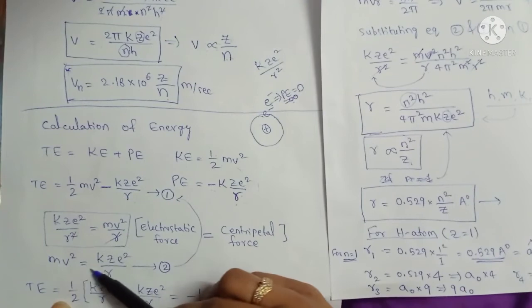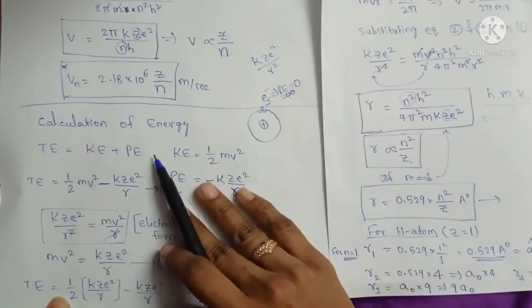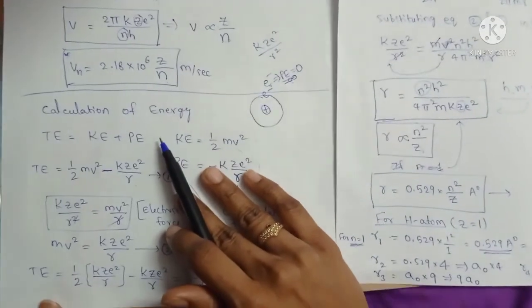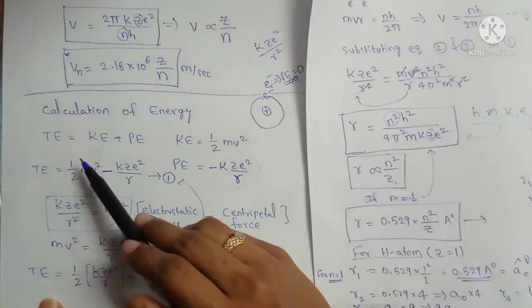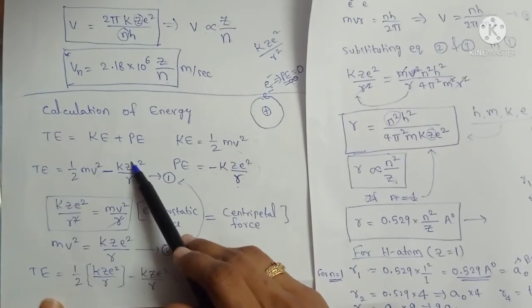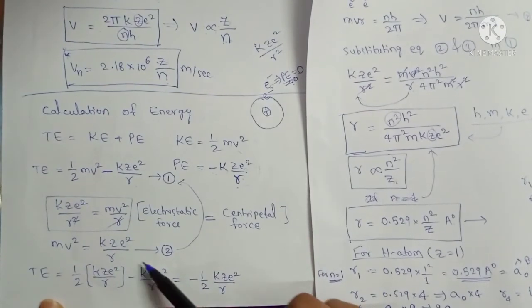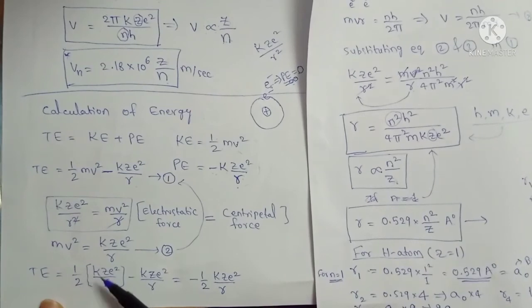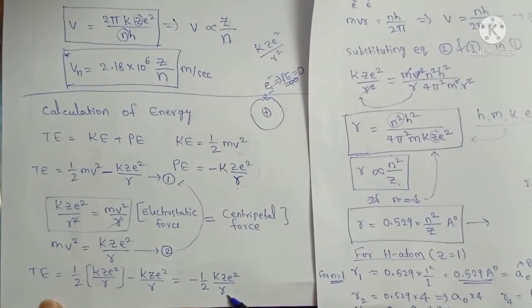By substituting this mv square value in the total energy equation, we will get total energy equal to half into kZe square by r, and minus kZe square by r. So this is the total energy equation. It will become minus half into kZe square by r.